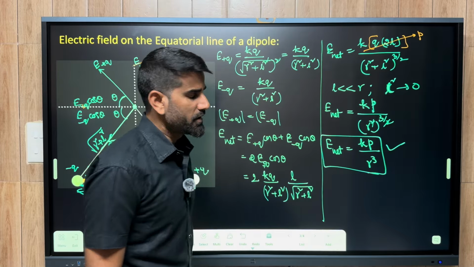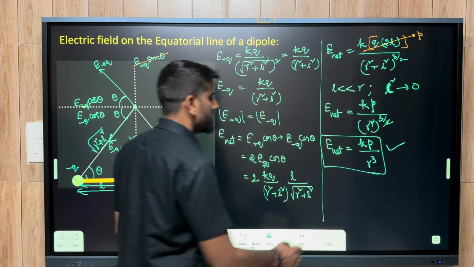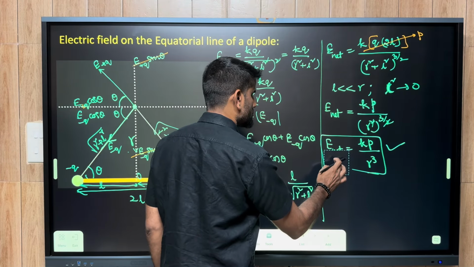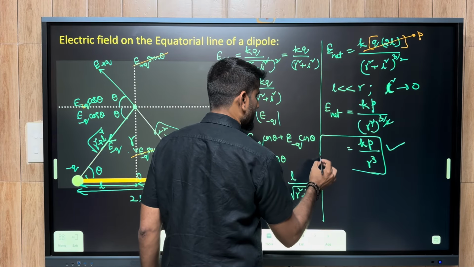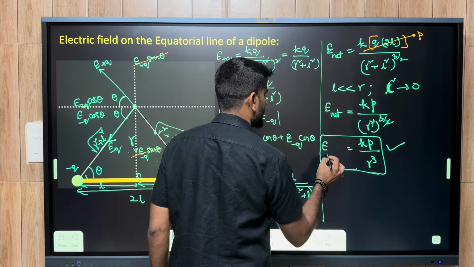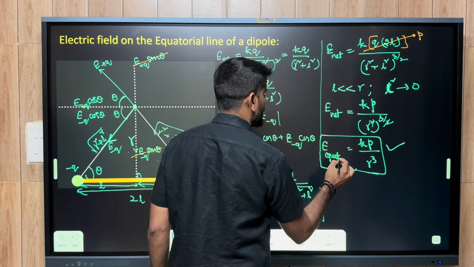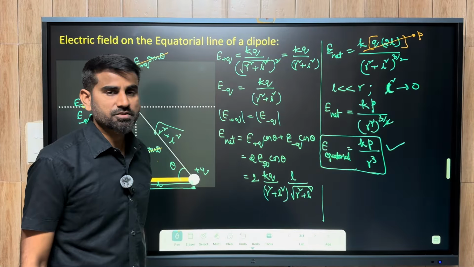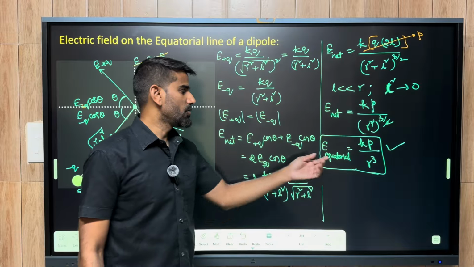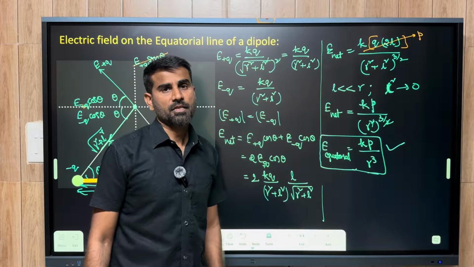This is E net. Can I write E net as E equatorial? So let's write E net as E equatorial. So this is the expression for the electric field intensity on the equatorial line of an electric dipole.